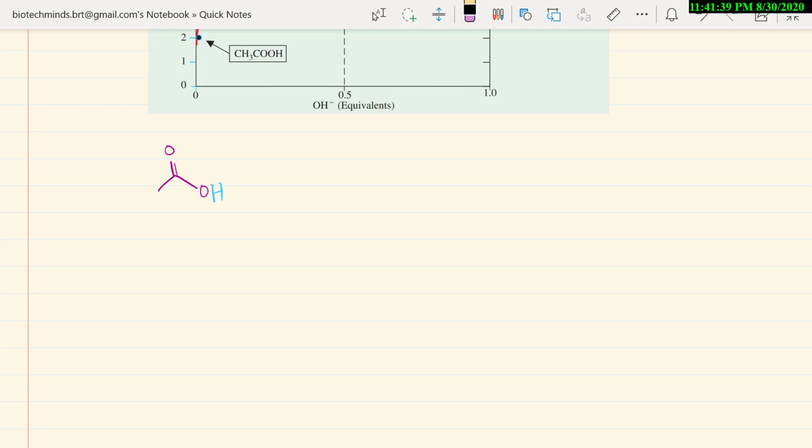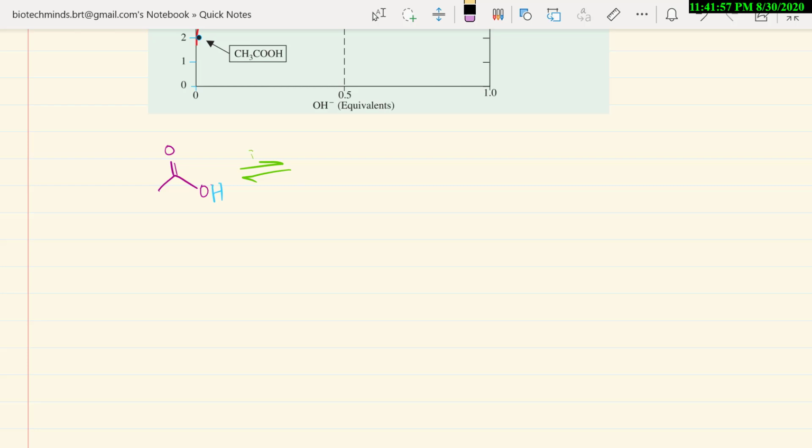Now what will we do? Depending on the pH, a reversible reaction takes place. Depending on the pH environment, protons may be lost.